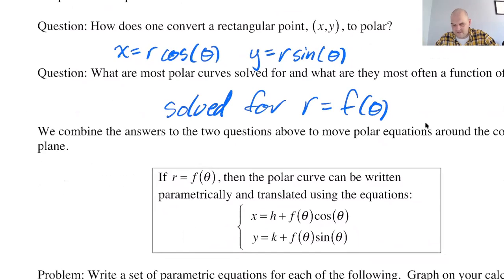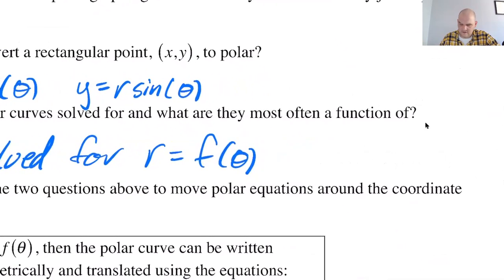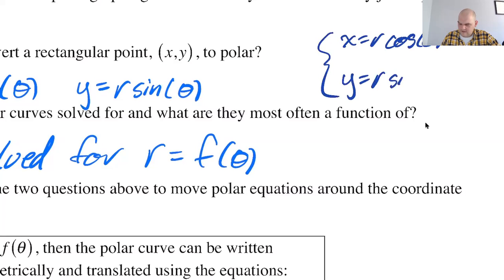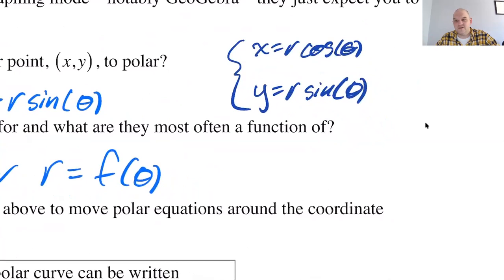So if you look at the way we're converting and you think back to parametric equations, we have x is r cosine theta, y is r sine theta. Well, what is that in parametric? This is a circle.